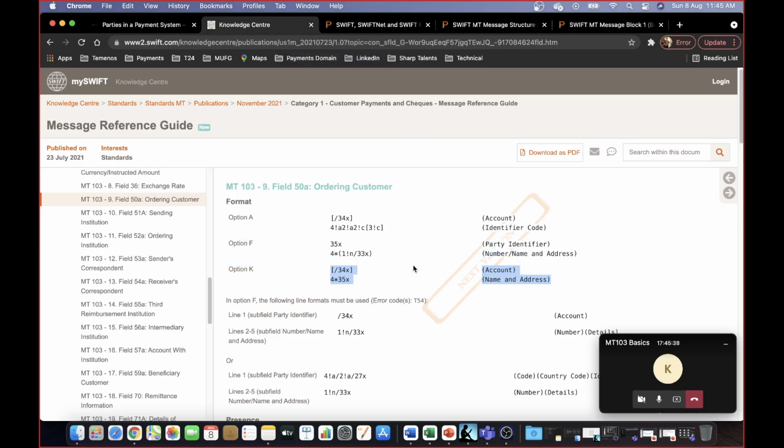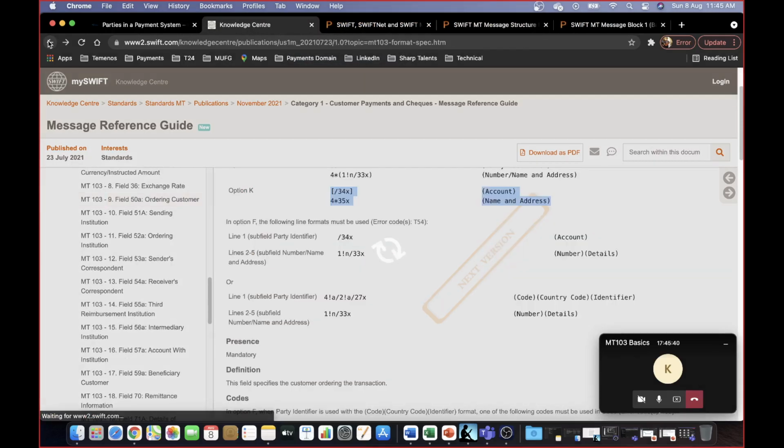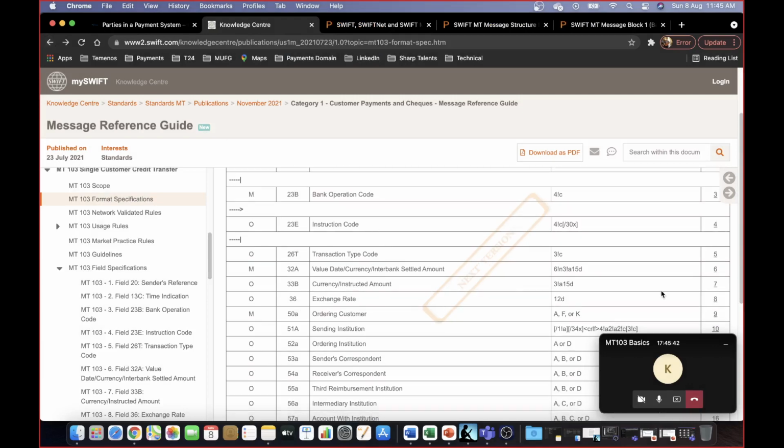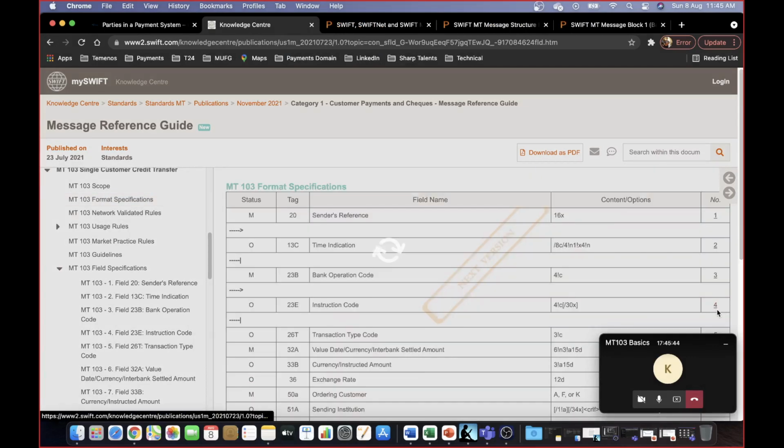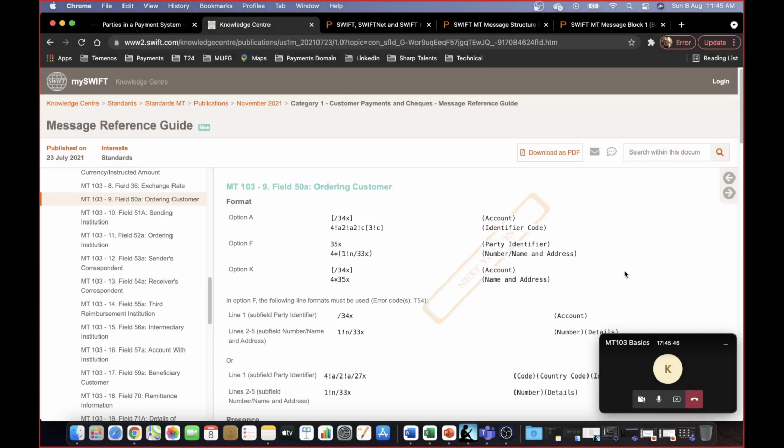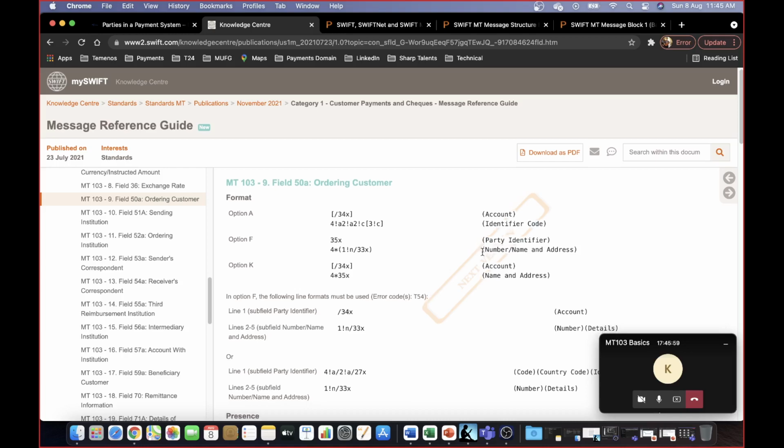Okay. Yeah. Thank you. So as I was saying, field 50 is mandatory, but it has three options possible: option A, F, and K. Each one can contain different types of information.